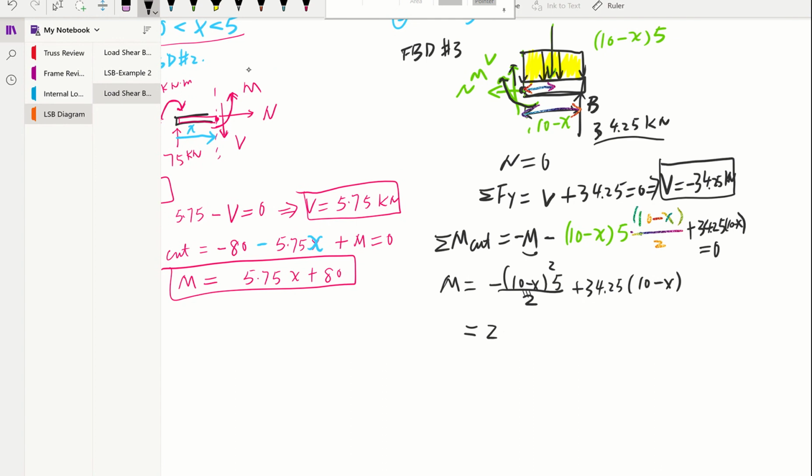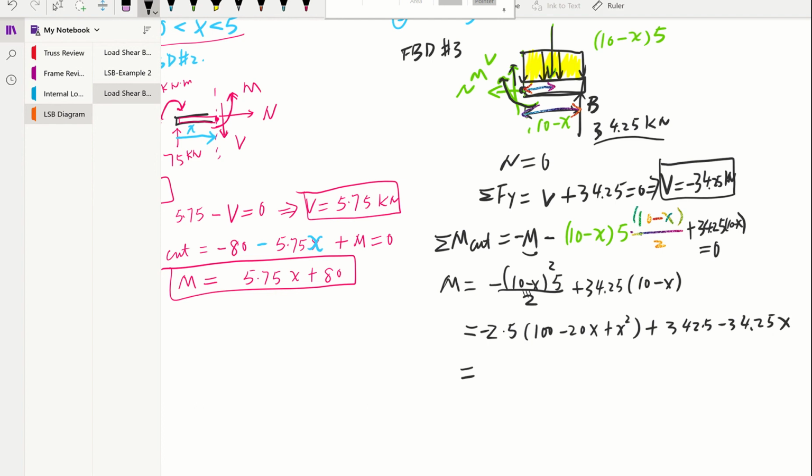So that'd be negative 2.5 times 10 minus x squared, that's going to be 100 minus 20x plus x squared, then plus 342.5 minus 34.25x.